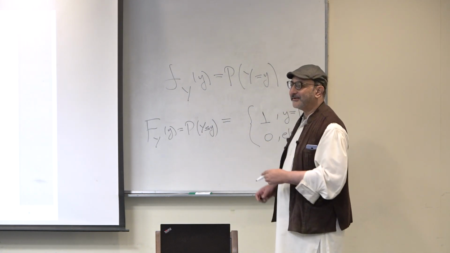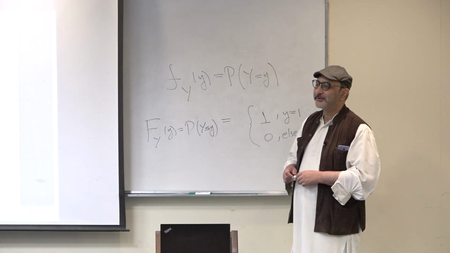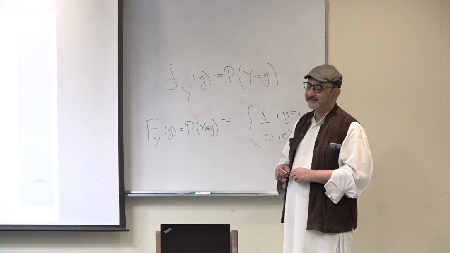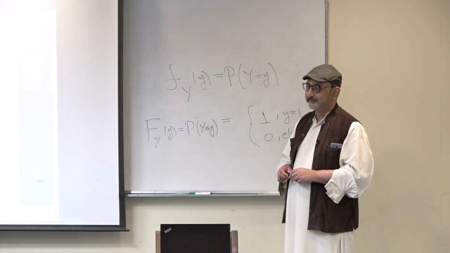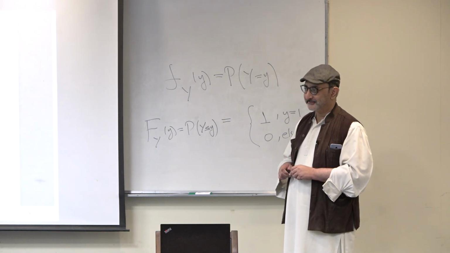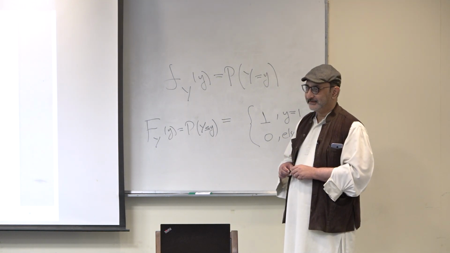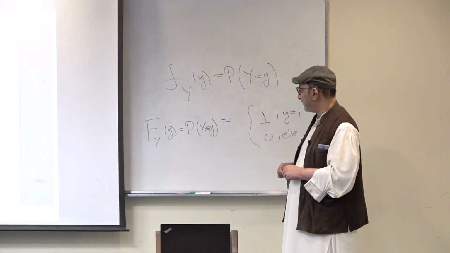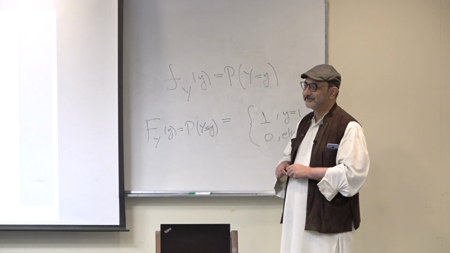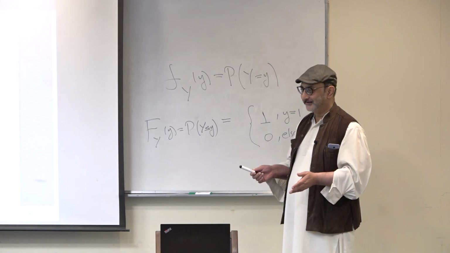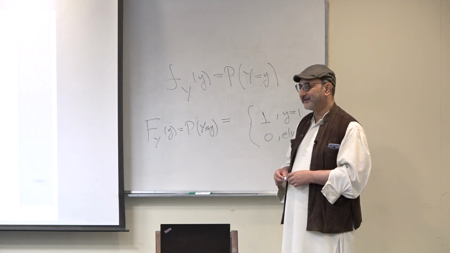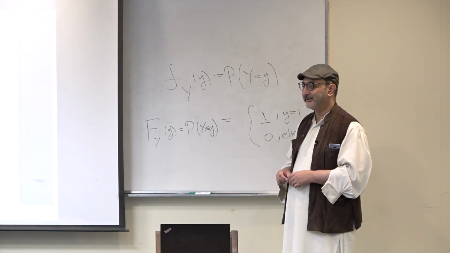Okay, well, let's try a few values. What's the probability that Y is less than 3? What's the probability that Y is less than or equal to 2? 1. Yeah. What's the probability that Y is less than or equal to 1? 1.